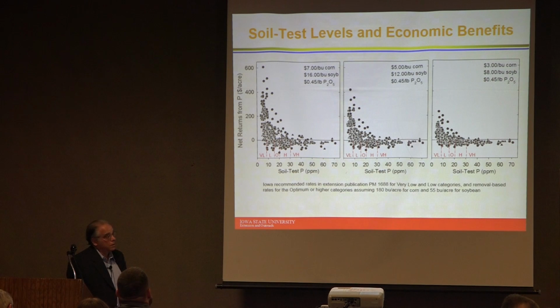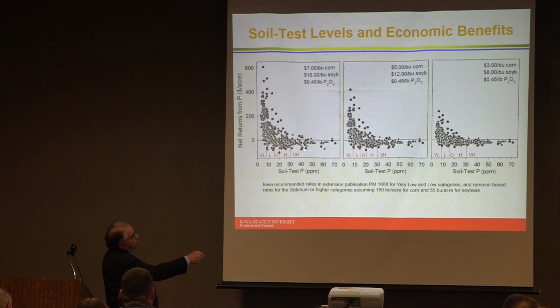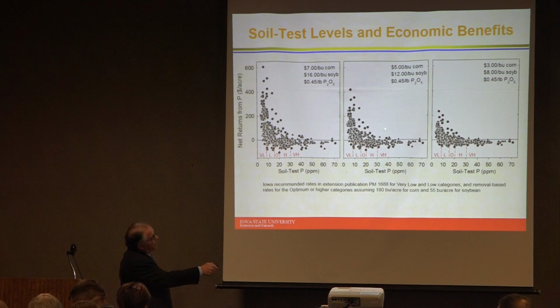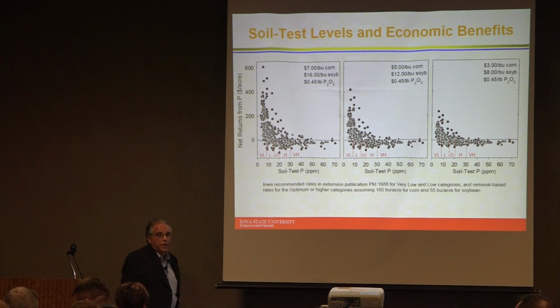But when we go to high testing soils, and of course we don't recommend fertilization there, but we just put here the removal rate, then there is a loss on the investment. We have shown this year after year. And even the optimum: if you average all these points in the optimum, it's a little bit above the break-even. But with these low prices, it's a bit below the break-even.